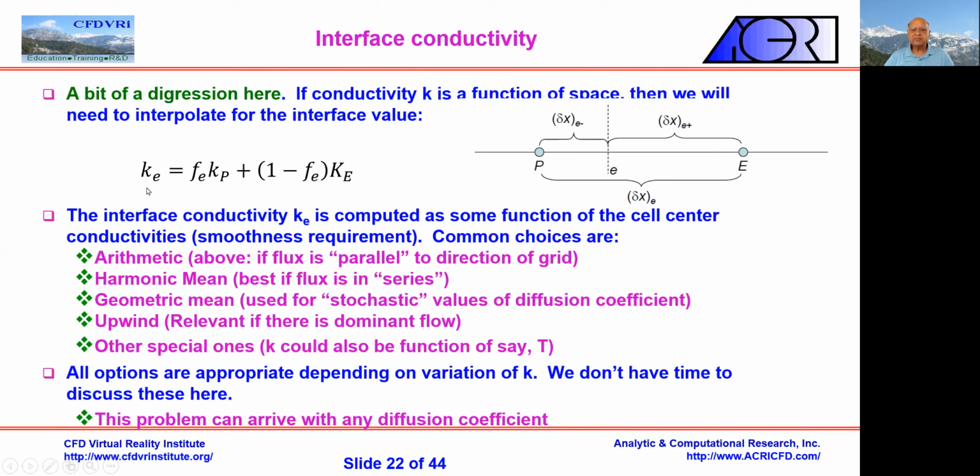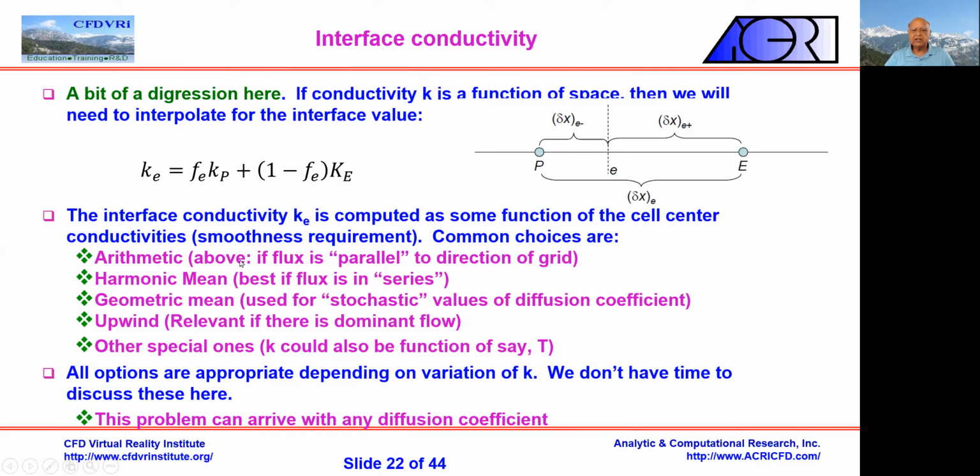So the simplest way is to write k as a linear function, a simple function of fe, 1 minus fe. We use this many times, right? So we take a half and average, so this is the algebraic arithmetic mean, right?